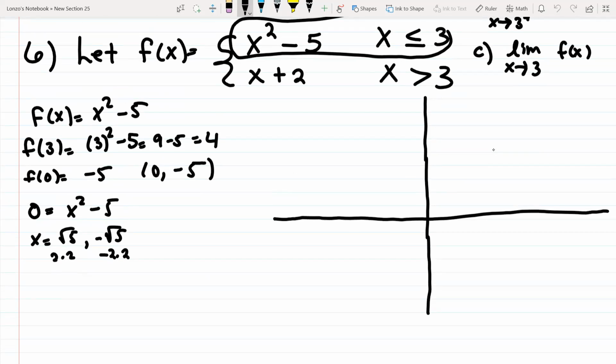So we have a y-intercept of -5. One, two, three, four, 5. And then what else do we have? We have a point at 3, 4.